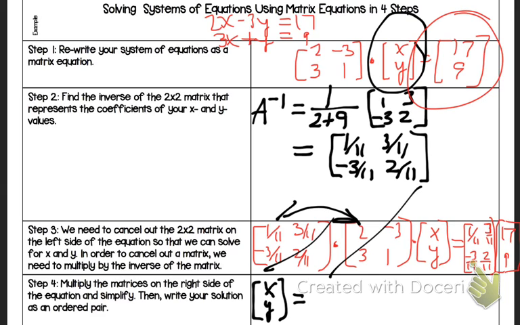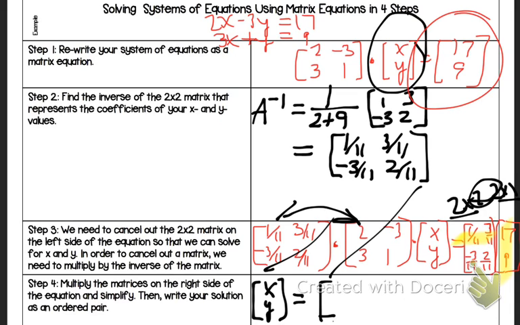So then we're just left with xy equals, and then we just multiply these two matrices together. So this is a 2 by 2. This is a 2 by 1. So we can multiply them, and then our result is a 2 by 1. So it should look like this. I'm going to get rid of that right now. Okay, so I multiply row times column.